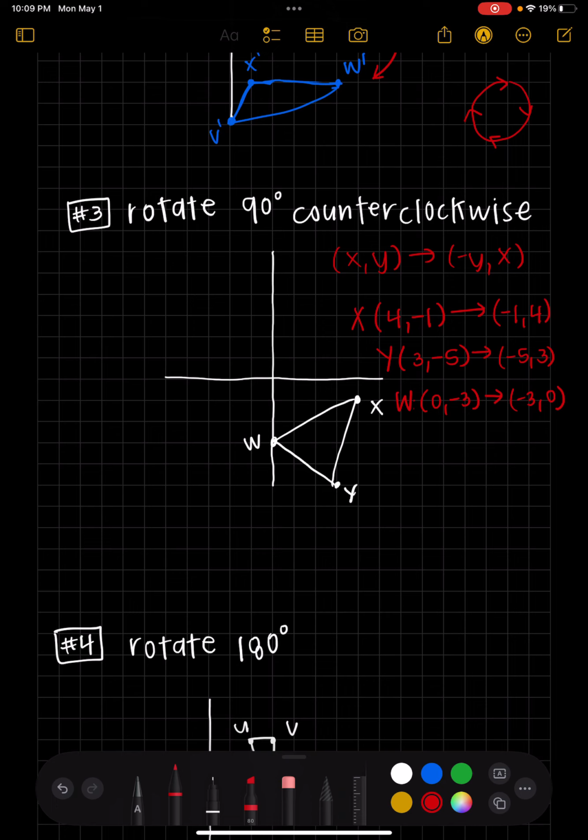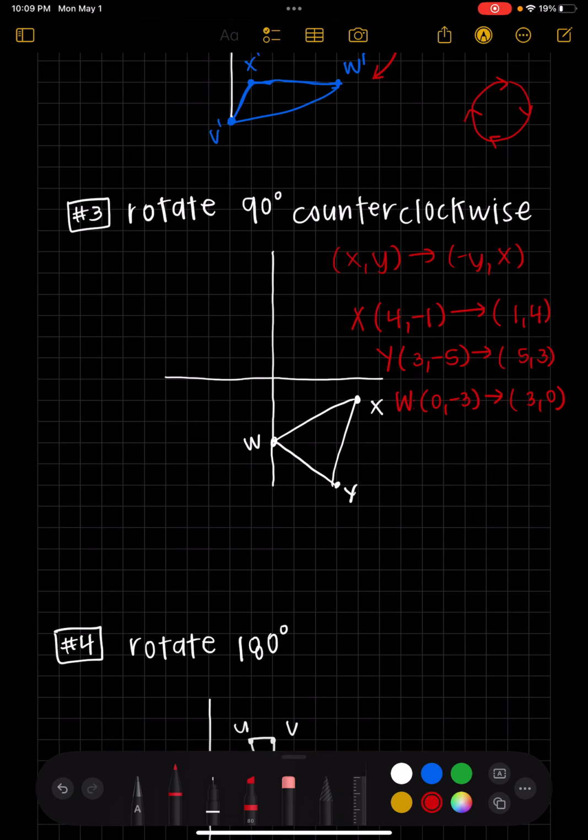Now I've got to flip the sign on the new front number, which means that the negative 1 on the top would become positive 1. So I'm going to just take the negative away. And then the negative 5 in the middle point would become a positive 5, and the negative 3 would become a positive 3. And that's all because that y in that formula is negative. That just means we switch the sign.